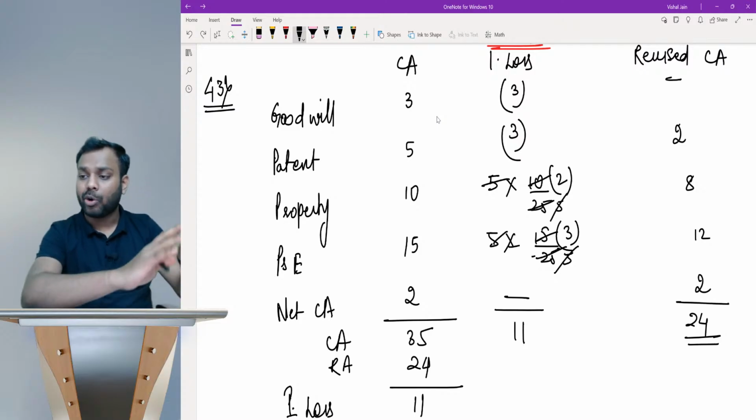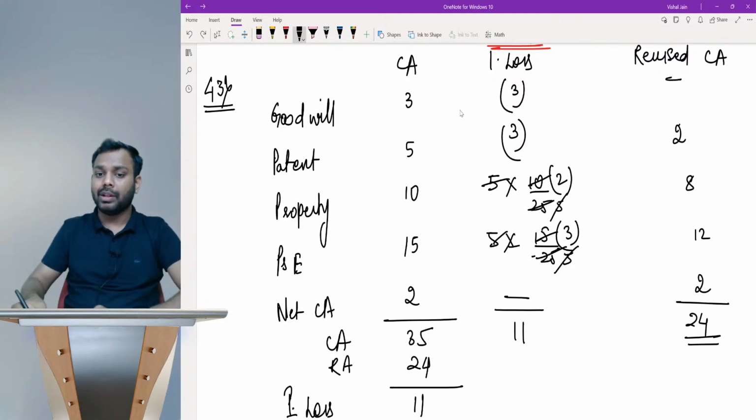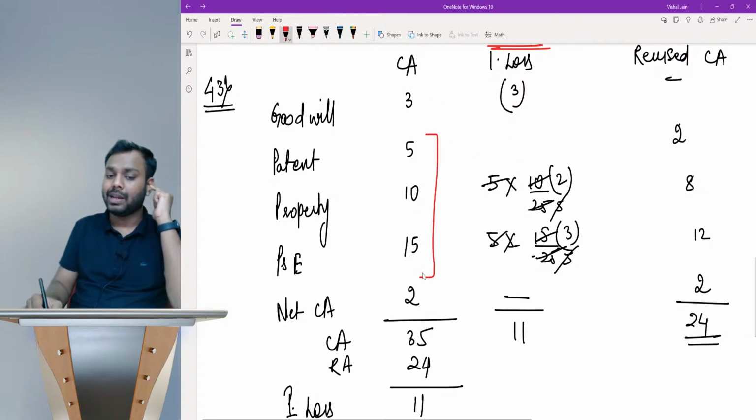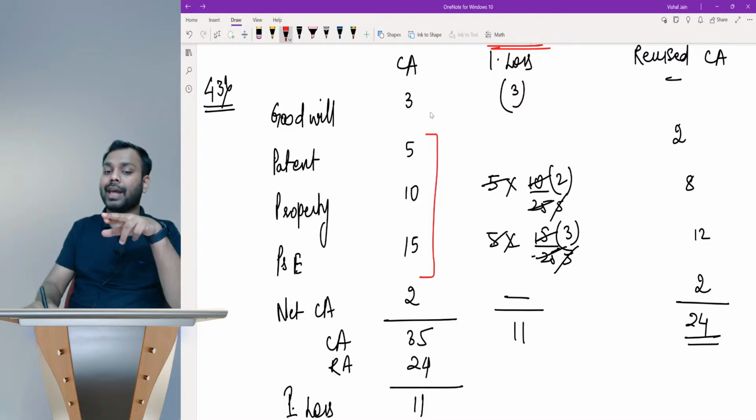If that line about patent was not given, then in that case, we would have allocated the remaining impairment loss to these three. We were required to allocate the impairment loss to these three in the ratio of their carrying amounts.